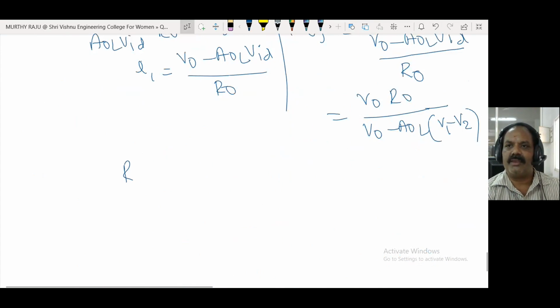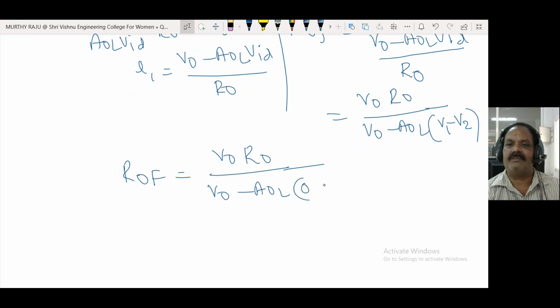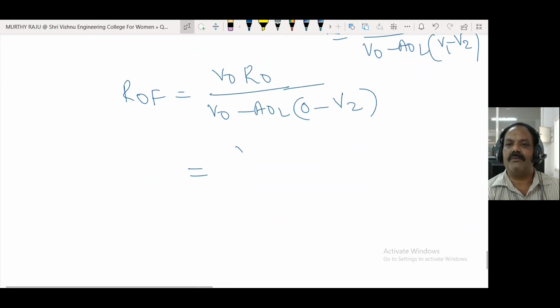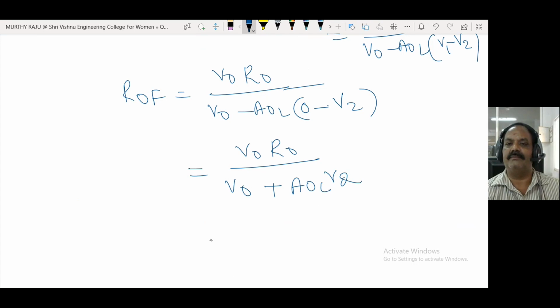Therefore, ROF is equal to V naught R naught by V naught minus AOL times (V1, which is 0, minus V2). That is equal to V naught R naught by V naught plus AOL V2, where V2 is VF.